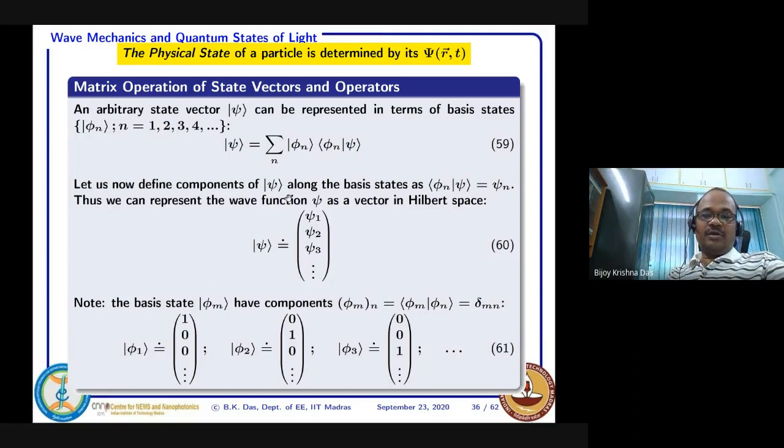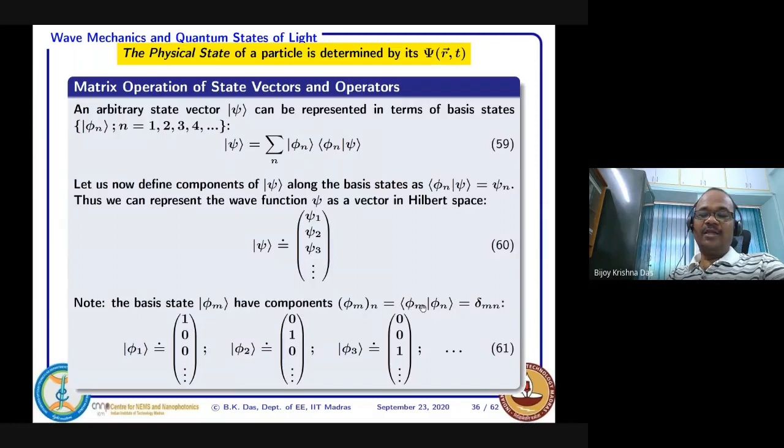Now you see the basis vectors, this phi n. Here we are writing that the basis state, so-called phi m, has components. We represent that as phi mn, meaning we can think of it as a vector in the vector space, and you try to get the unit vector's component along different basis vector directions.